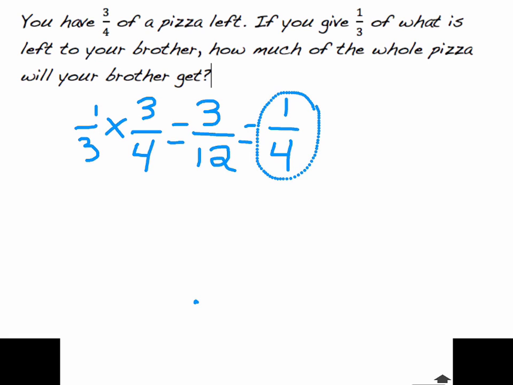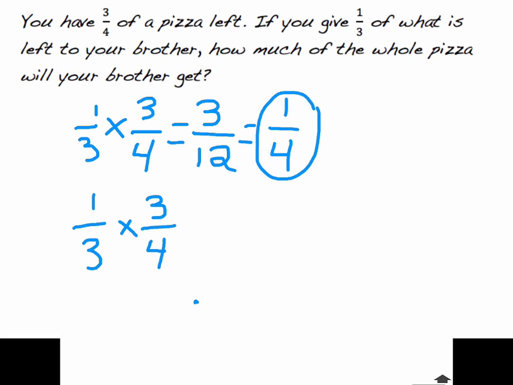Let's look at another way that we can also get to 1/4. So if I take 1/3 times 3/4, I'm going to look diagonally and see if there is a number that goes into both of those numbers. So I look at the 3 and the 3 and think to myself, is there a number that goes into 3 and 3?